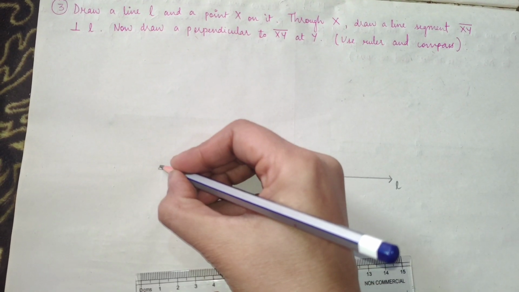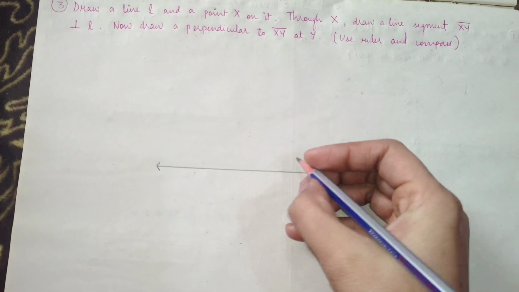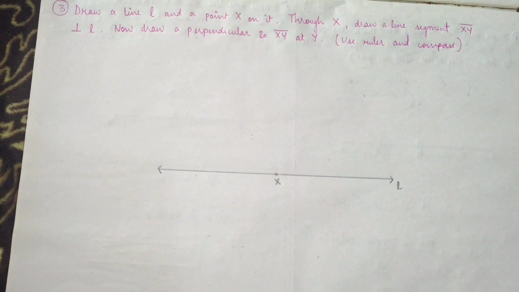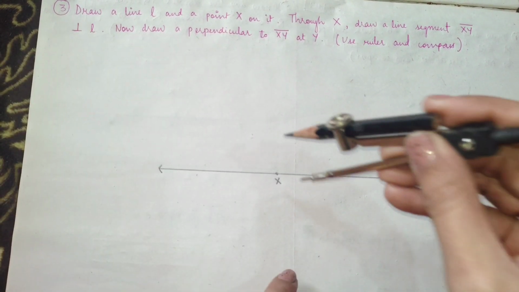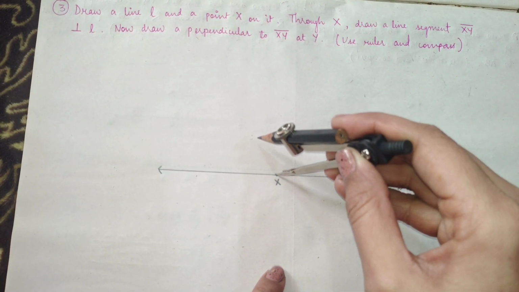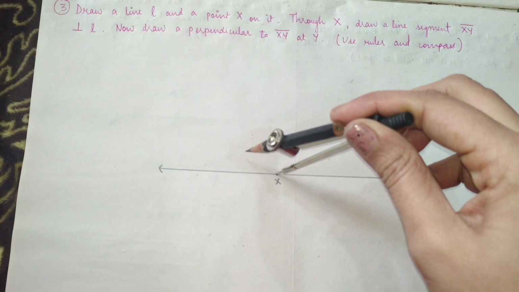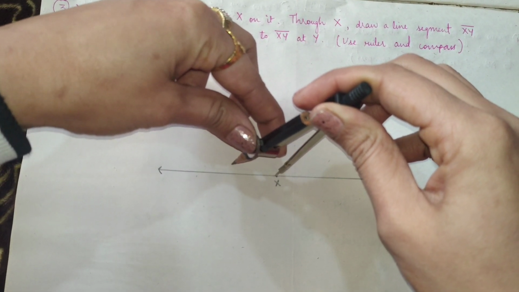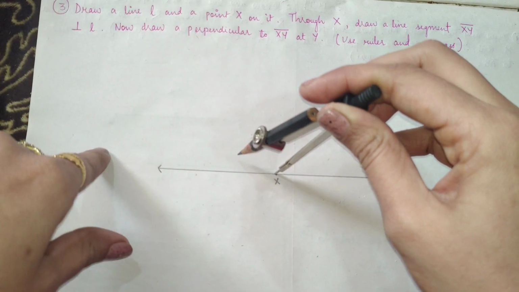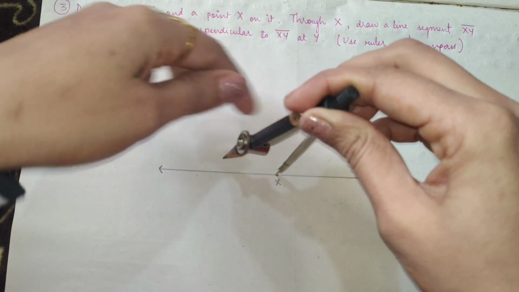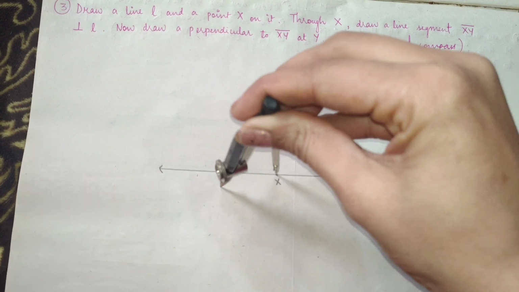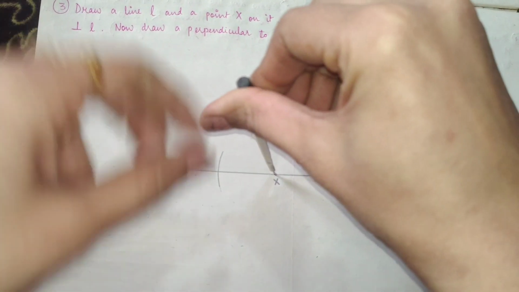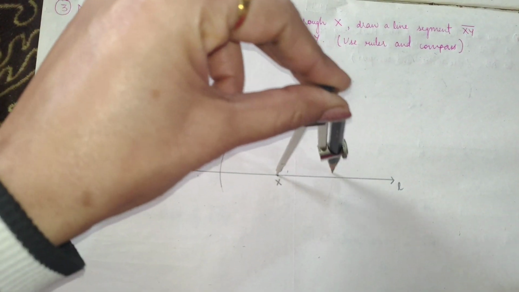The line will have arrows at the end, and then take a point X on the line, and then keeping your pointer on the X, open up the compass to any radius you want. Okay, I've opened it like this. If you want, you can open it a little further, and then draw two arcs, one on the left side of the X, another on the right side.